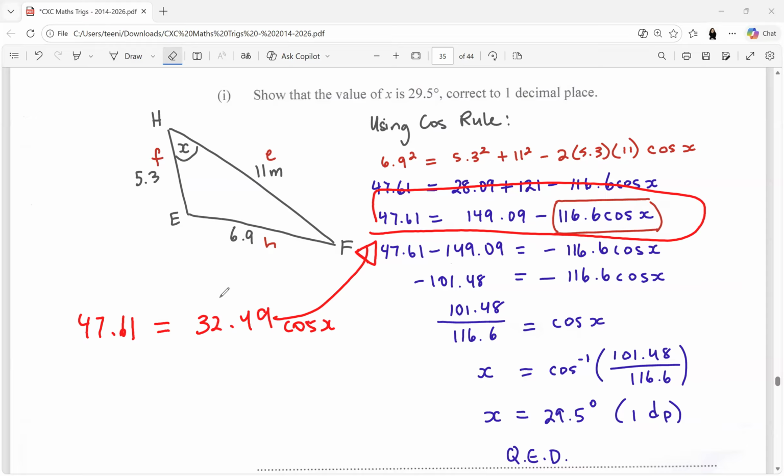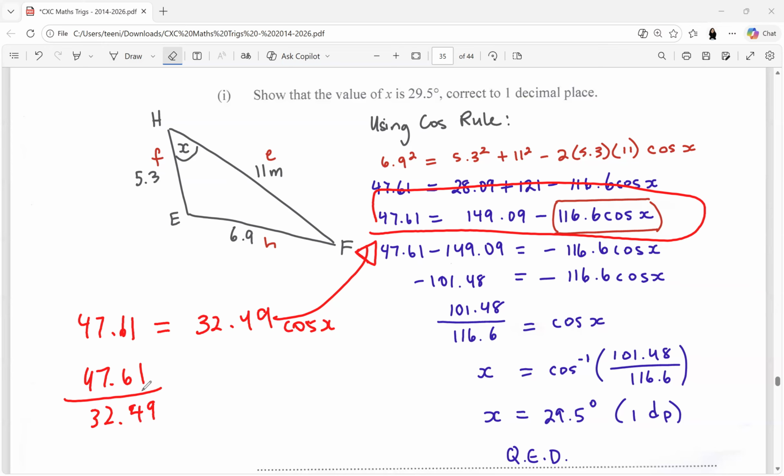And this is going to give you a totally different answer, because then you would have 47.61 divided by 32.49, right? So let me check it and show you. 47.61 divided by 32.49. You can't find the cos inverse of that.